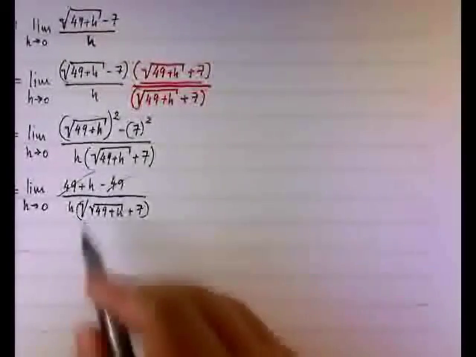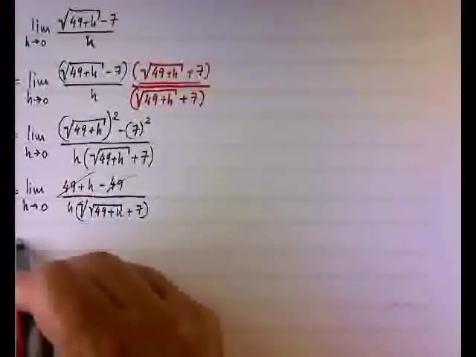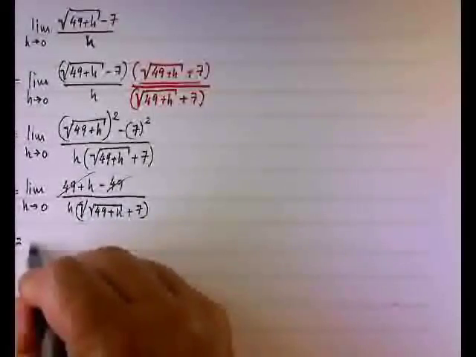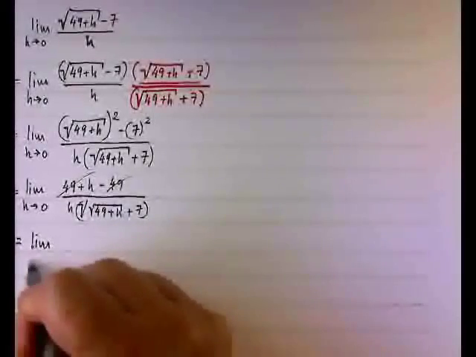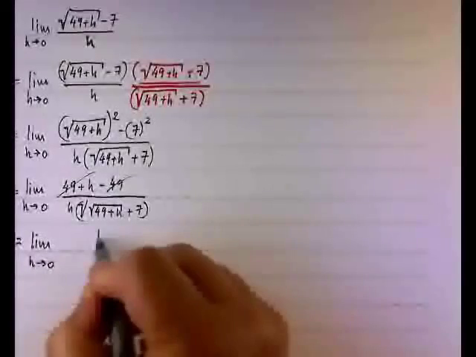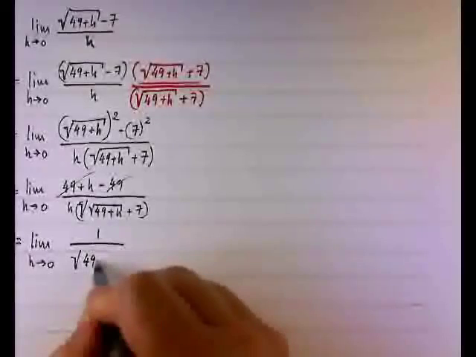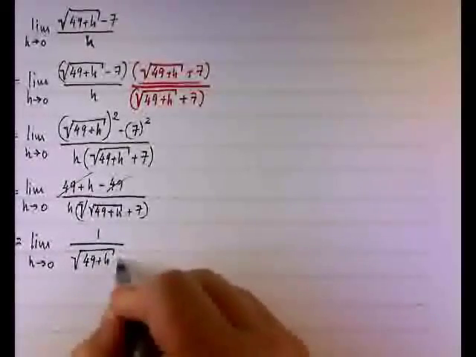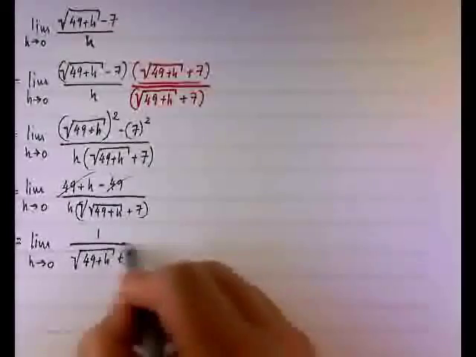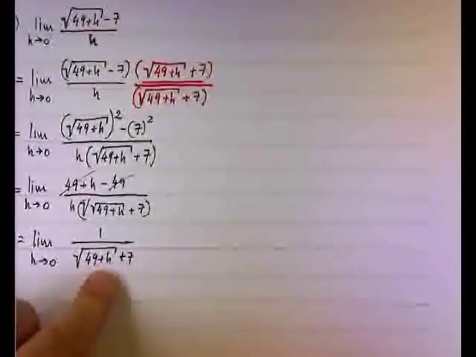So we are not there yet, but after reducing h and h, we are, because after doing this, the numerator will be 1. The denominator will be the square root of 49 plus h plus 7. Now I'm looking at this result to say, I can substitute. I'm in no violation here.